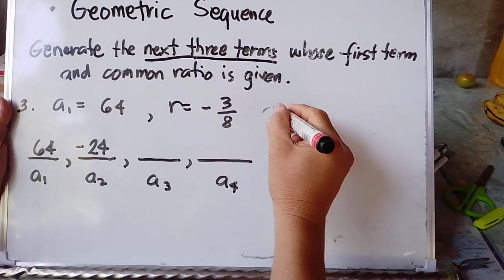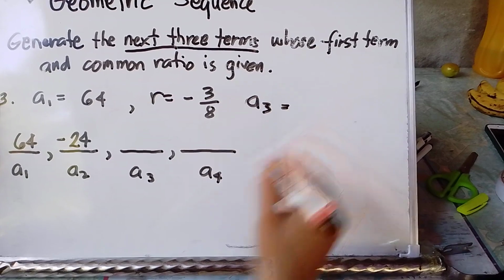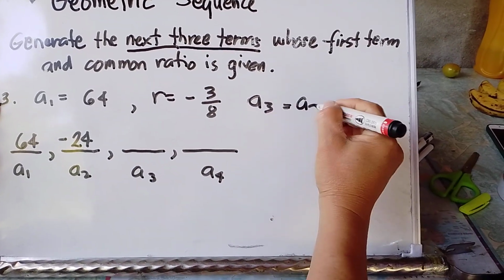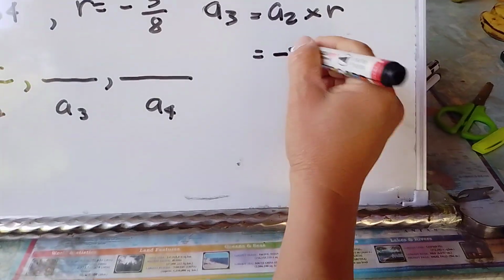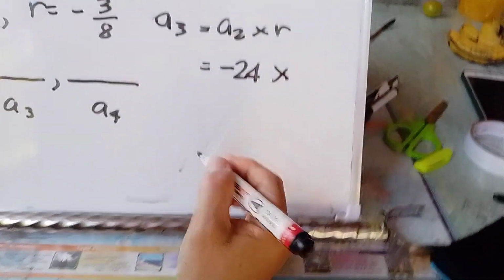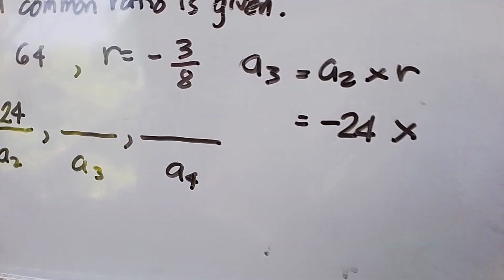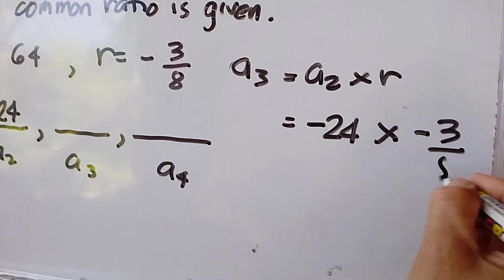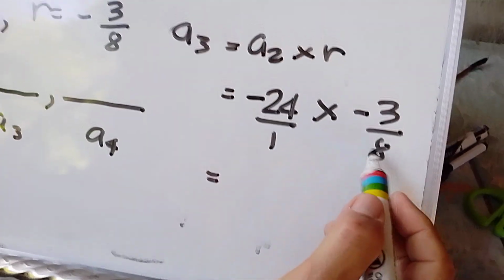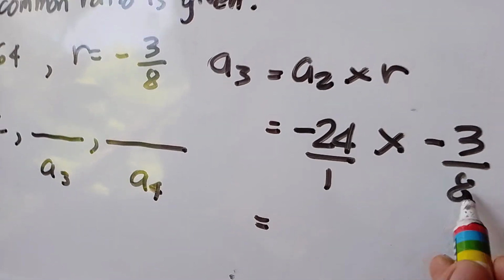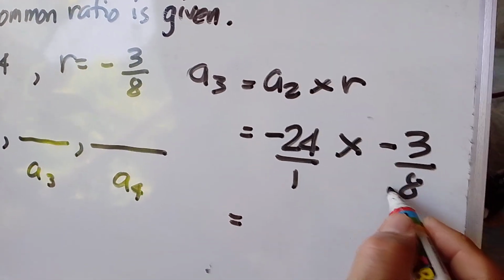Next is a sub 3. How to get a sub 3? A sub 2 times r. A sub 2 is negative 24 times the common ratio, negative 3 over 8. This is over 1. Or we can apply cross cancellation by dividing 8.